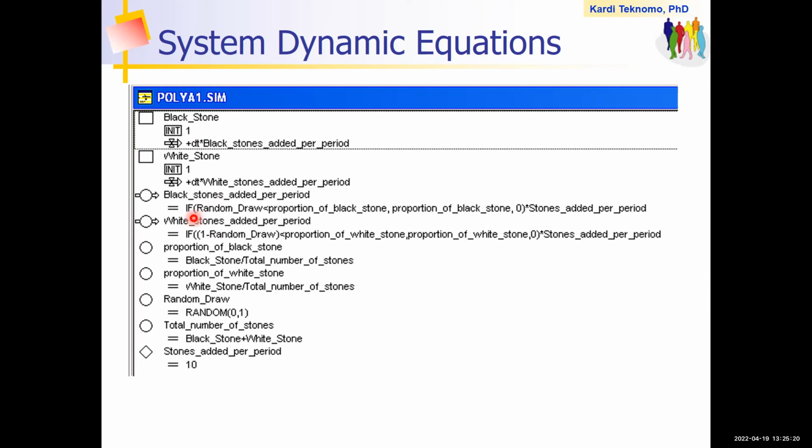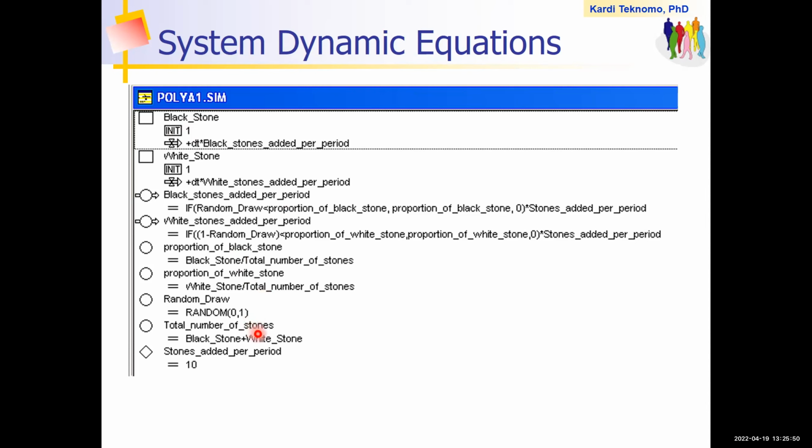And this is the adding of black stone per period, which depends on the random draw. If the random draw is less than the proportion, say for the black stone, then select black stone. Otherwise, 0. Then you multiply by the number of stones added per period.